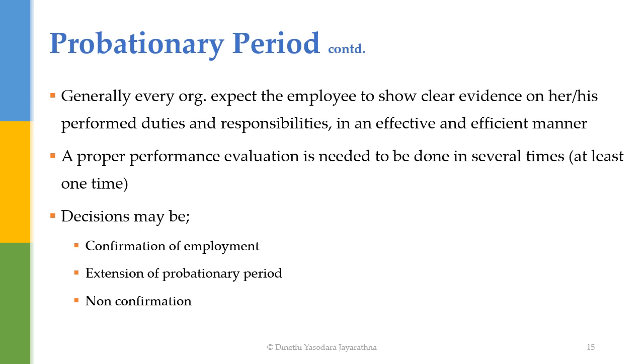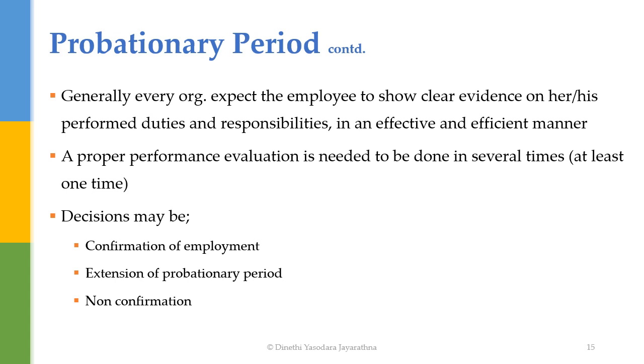Sometimes companies do it 2 to 3 times, several times, but at least one time they have to do it. Why? Because after this probationary period, the company has to confirm the employee.